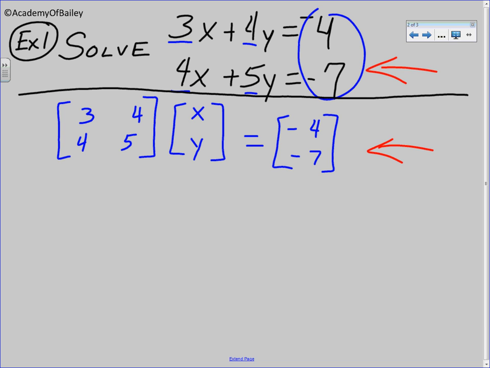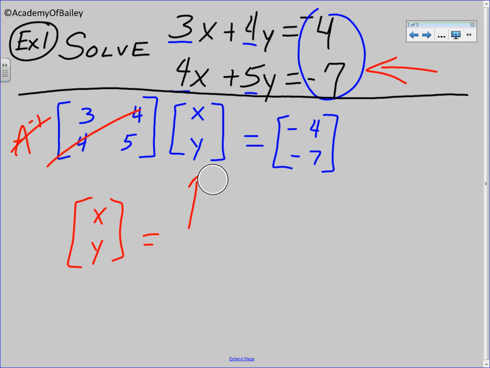Okay, so now, how do we solve and get this matrix by itself? Well, we just did this in the previous section. Multiply this by the inverse. And if we multiply that by the inverse, those cancel out, right? And that leaves us with x, y.